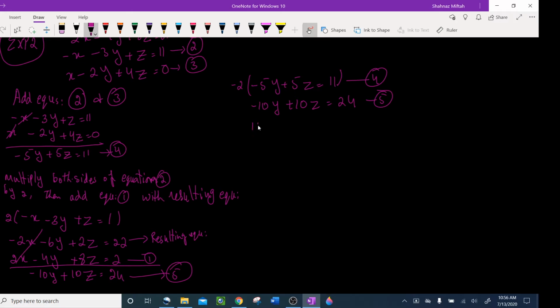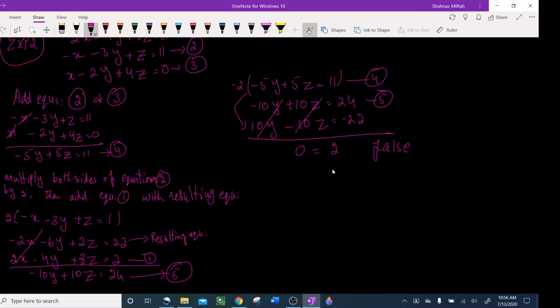So it's going to give me positive 10y minus 10z equal negative 22, right? From this equation, I got this. Now when we add these two, they cancel, I got 0, and on the other side I got 2. And you know that's false, right? It's not a true statement.